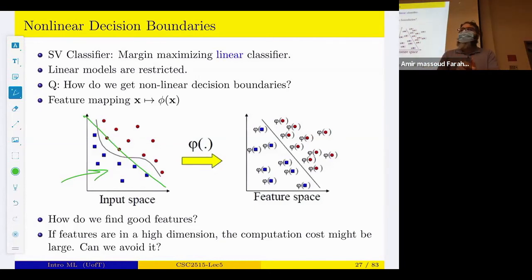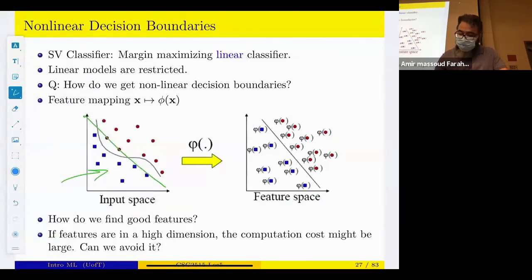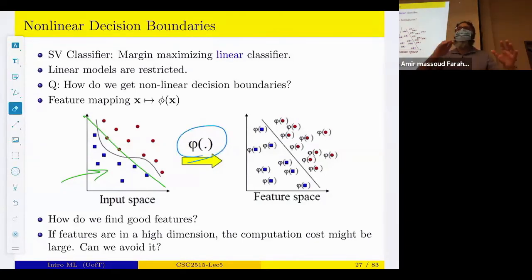And then we can do all the basic linear manipulations that we want, like linear regression and linear classification, in that space. So the idea is that if we find a good phi, we're projecting to some other space, and maybe in that other space, things become nicer and linearly separable. Maybe not always, but that's a possibility.